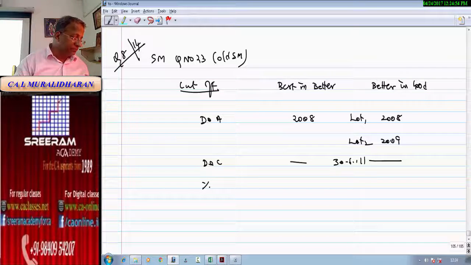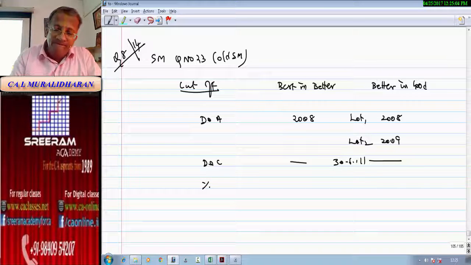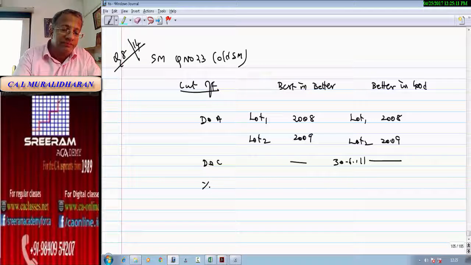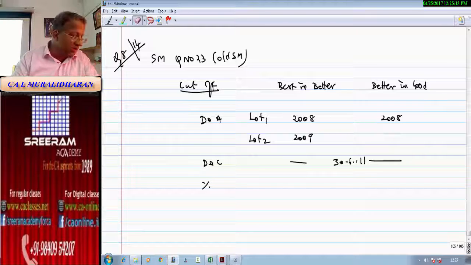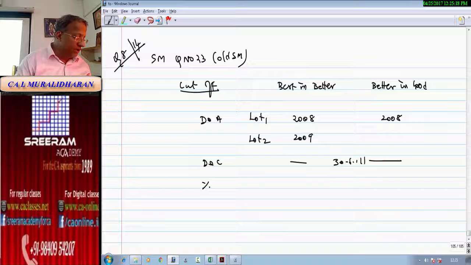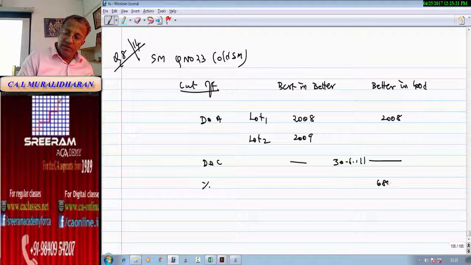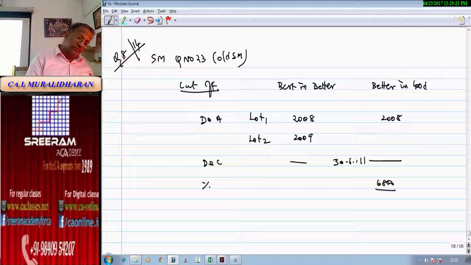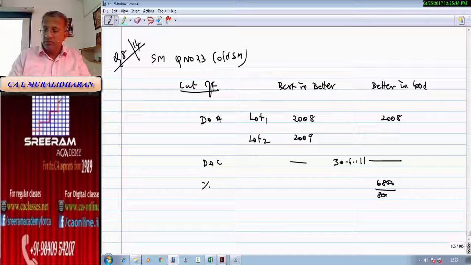Percentage of holding. We say lot number 1, lot number 2 only in Best and Better. In this case, only one acquisition, correct? Percentage of holding: 6,800 upon 8,000, 85%.